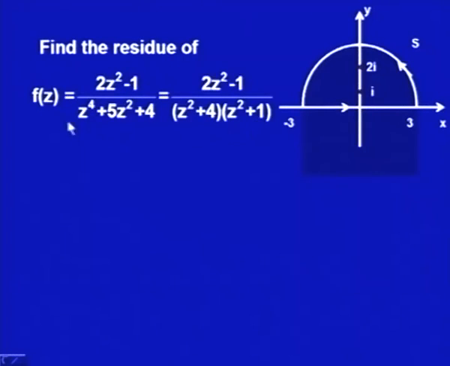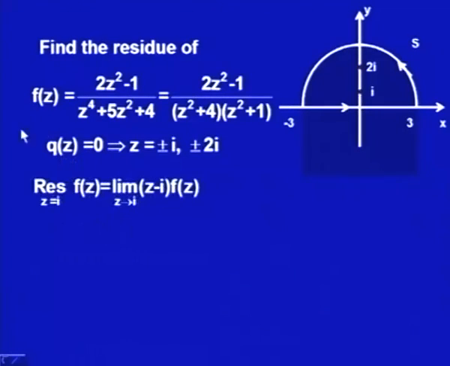That says this function has 4 simple poles. So q z is 0 at plus minus i and plus minus 2i, hence all these zeros are simple zeros. So f z has simple poles at z equal to plus minus i and at z equal to plus minus 2i.